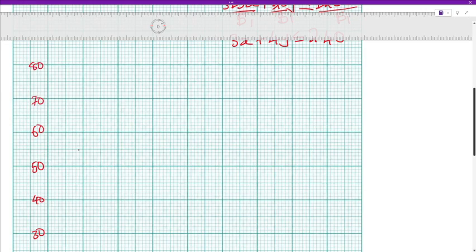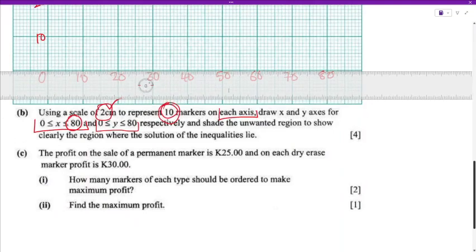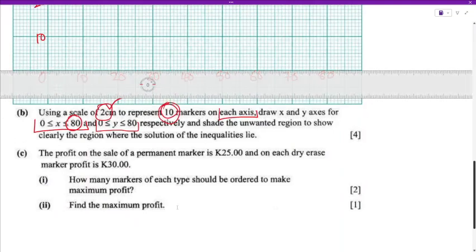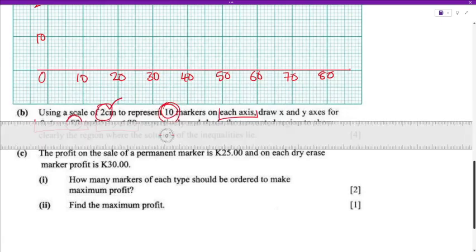Okay, we now draw our x and y axis lines. So we draw our x axis right there. So that's your x axis. And you're going to say x there.